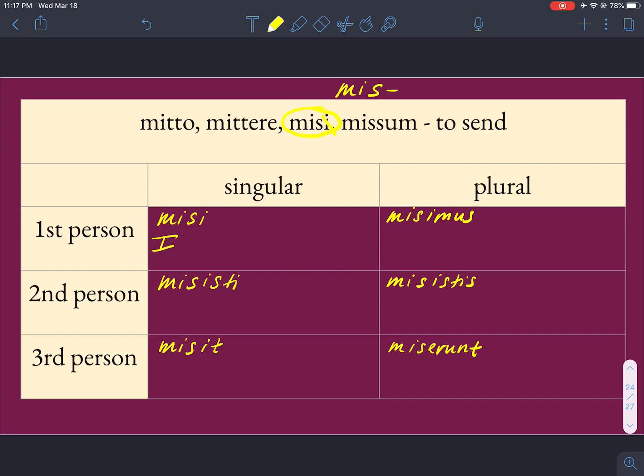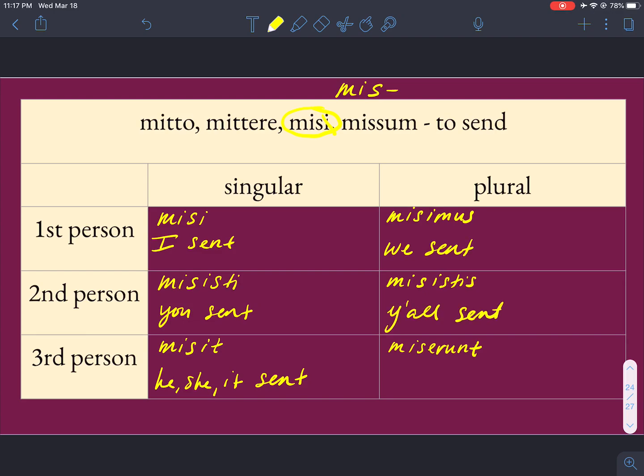Okay, I sent, you sent, he, she, it sent, we sent, y'all sent, and they sent.